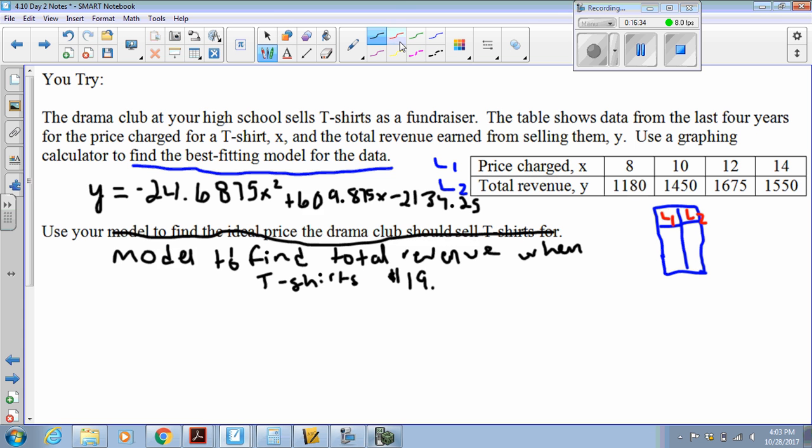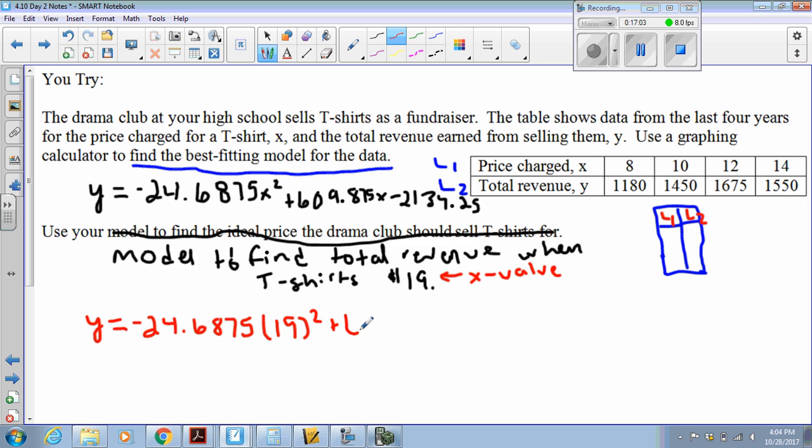So now this will be very similar to what we did in the other problem. That means $19, that's our X value. We are going to plug it in for every place we see X. So that means we have negative 24.6875, and we're going to multiply it by 19, and we're going to square that.